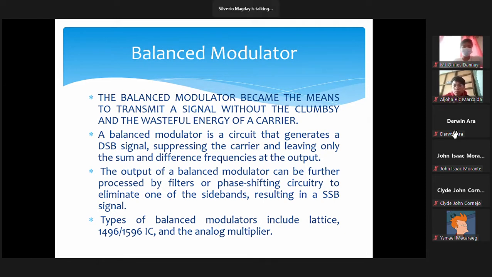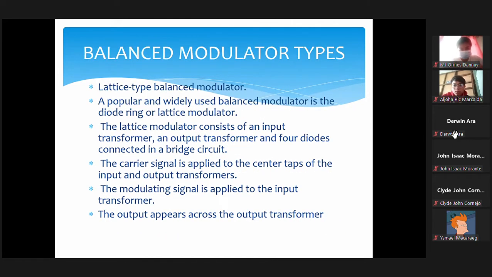Ang mga types ng balanced modulators, ito yung mga pinaka-common: lattice, yung 1496 and 1596 ICs, and analog multipliers. Ayan, lattice type balanced modulator, popular and widely used. Yung ginagamit is yung diode ring or lattice modulator.